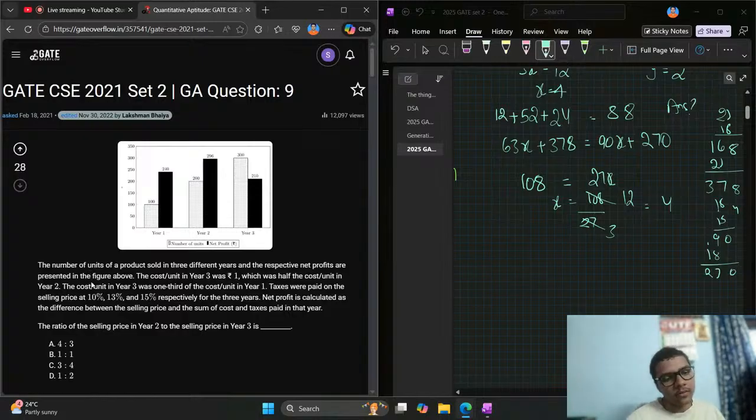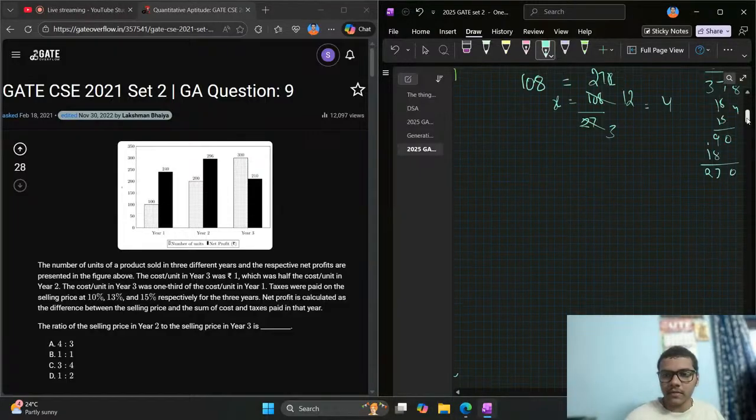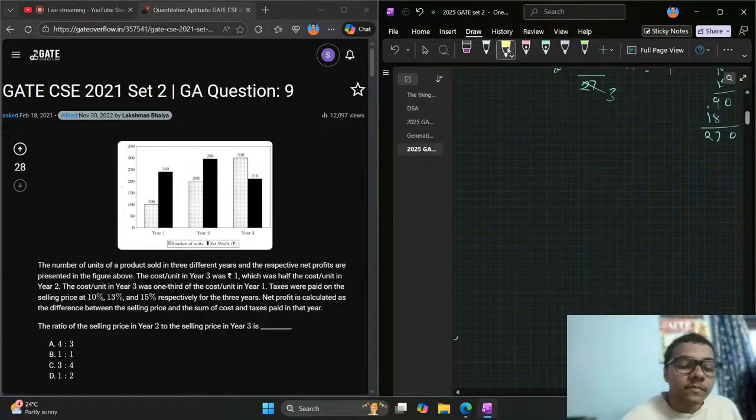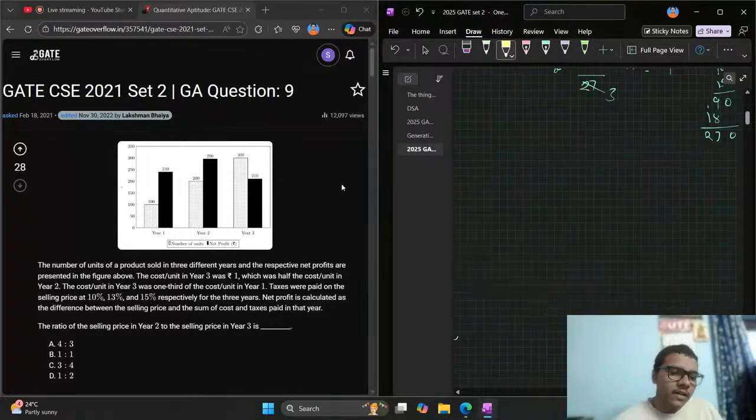The cost per unit in year 3 was one third of the cost in year 1. Taxes were paid on selling price. Okay, whatever. That's a big question. The cost per unit in year 3 was half the cost per unit in year 2.